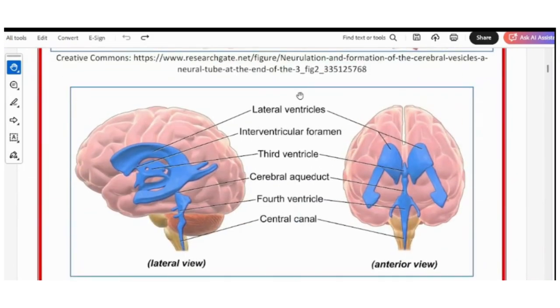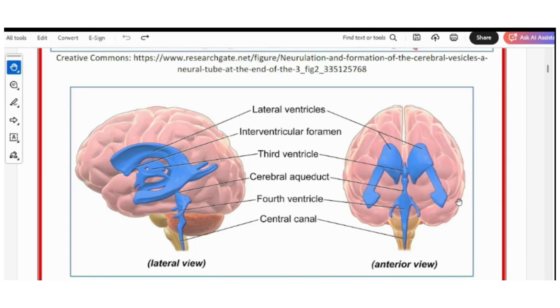Got it? So that was this series on how the embryonic development of the nervous system occurs. We saw how the neural tube is developed, what is mesoderm, what is neurulation, what is blastocyst, then the neural tube is formed.